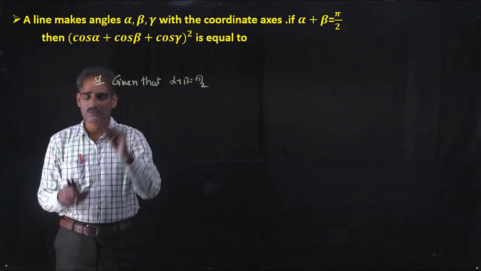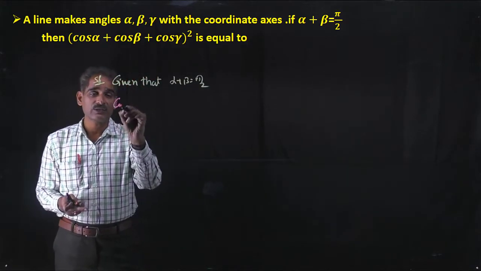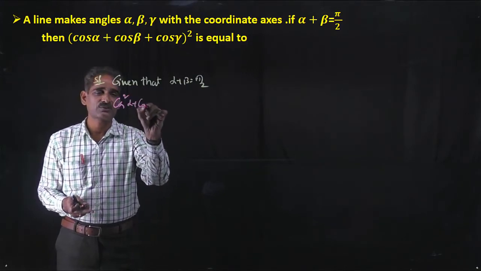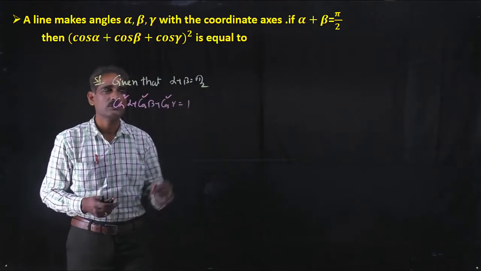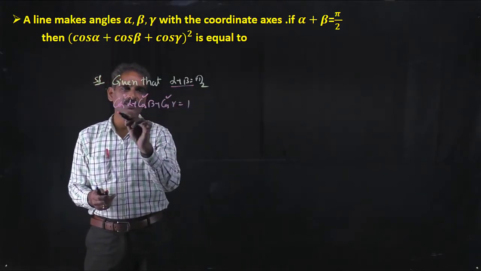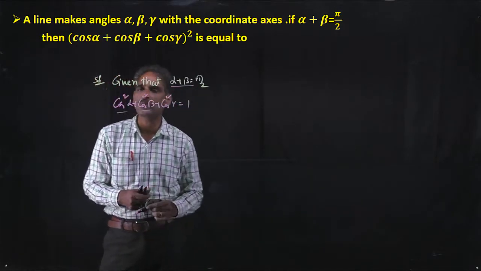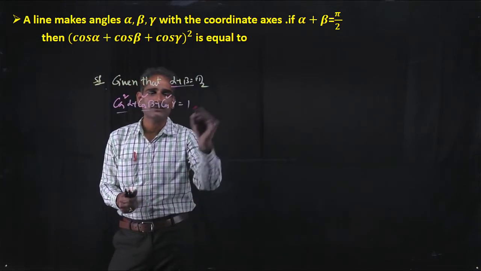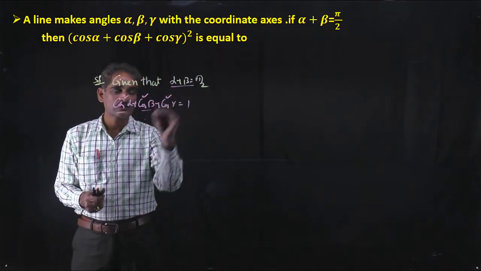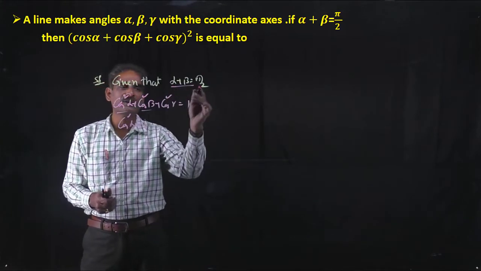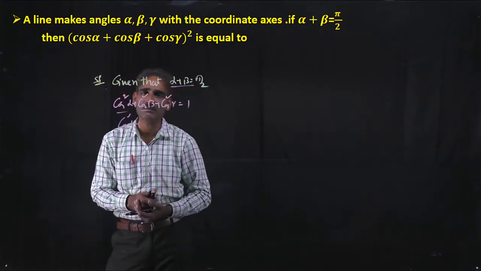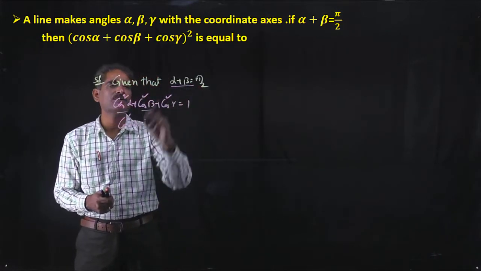Then we know that cos square alpha plus cos square beta plus cos square gamma is equal to 1. Under this condition, if alpha plus beta is 90, cos square alpha plus cos square beta is 1. Otherwise, just replace beta by 90 minus alpha.